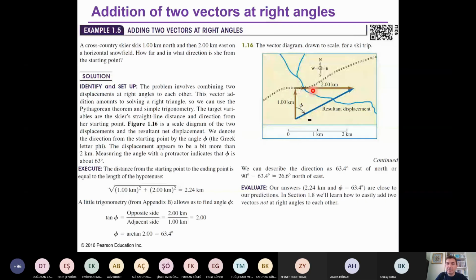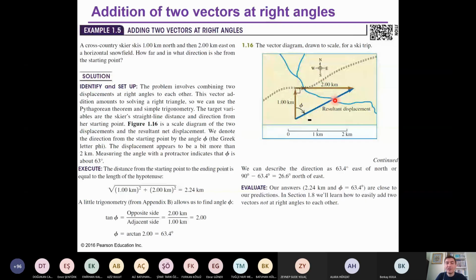Or you can consider it like this: just complete 90 degrees here, then this angle between east and this resultant vector will be 26.6. Okay, so this is the addition of two vectors at right angles. Do you know what a right angle is? Right angle, 90 derece demek, dik açılı demek.